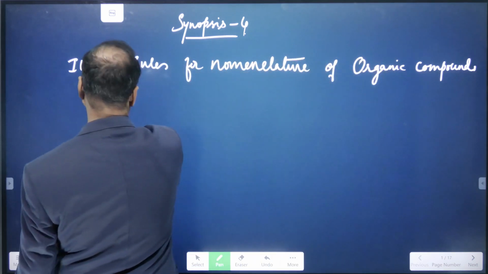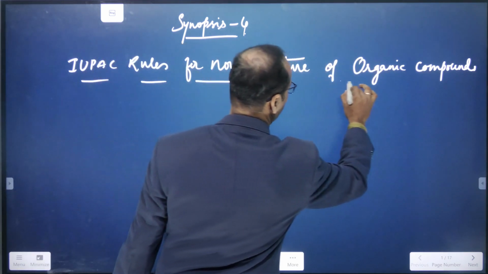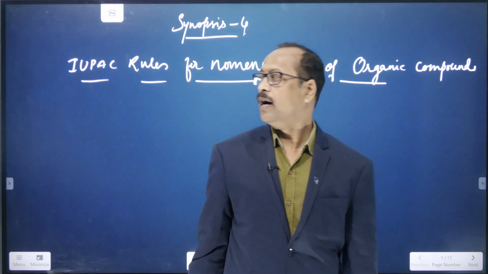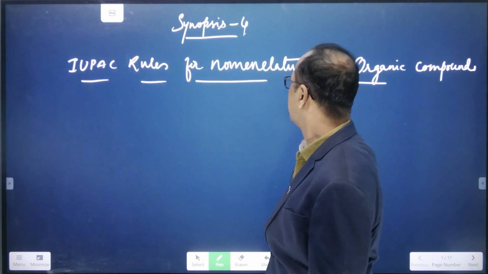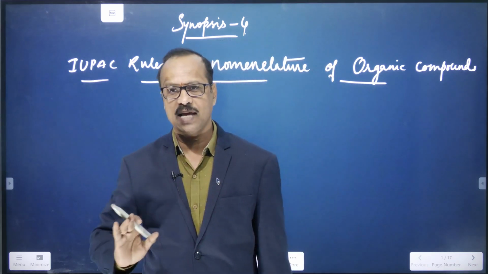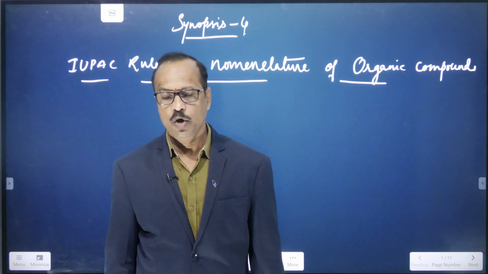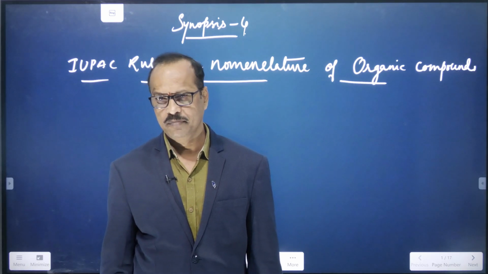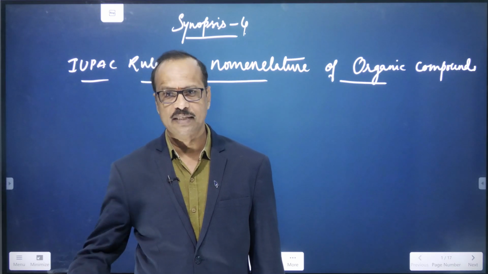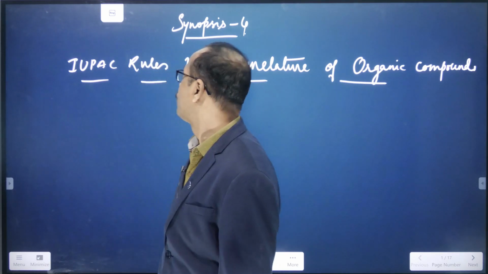Okay, so see students, here first we are going to discuss IUPAC rules for nomenclature of organic compounds for simple alkanes, alkenes and alkynes. We do not include here complicated functional groups; those we discuss in synopsis 5.